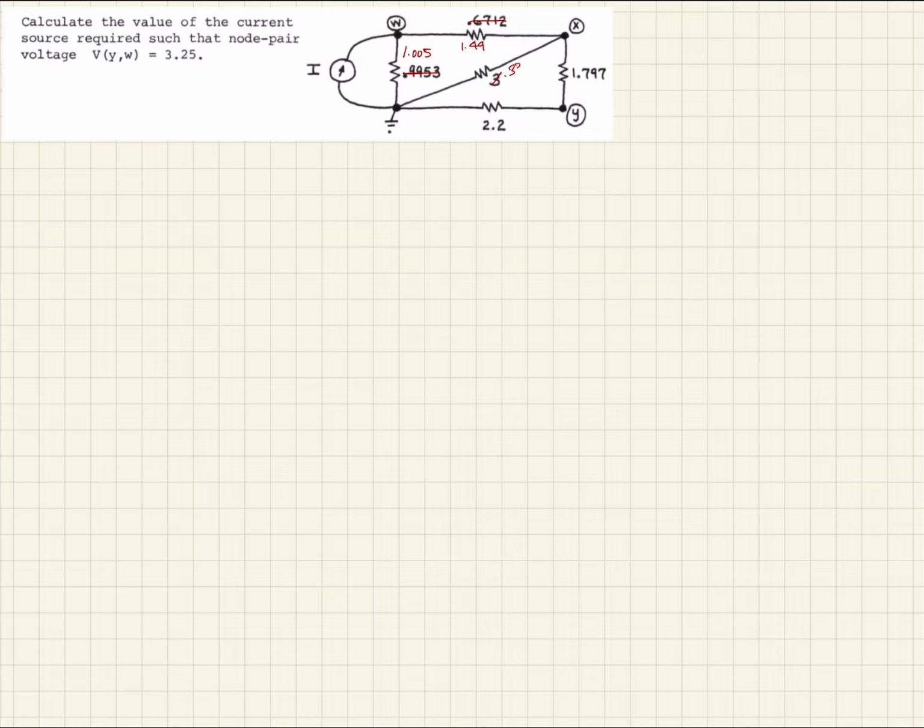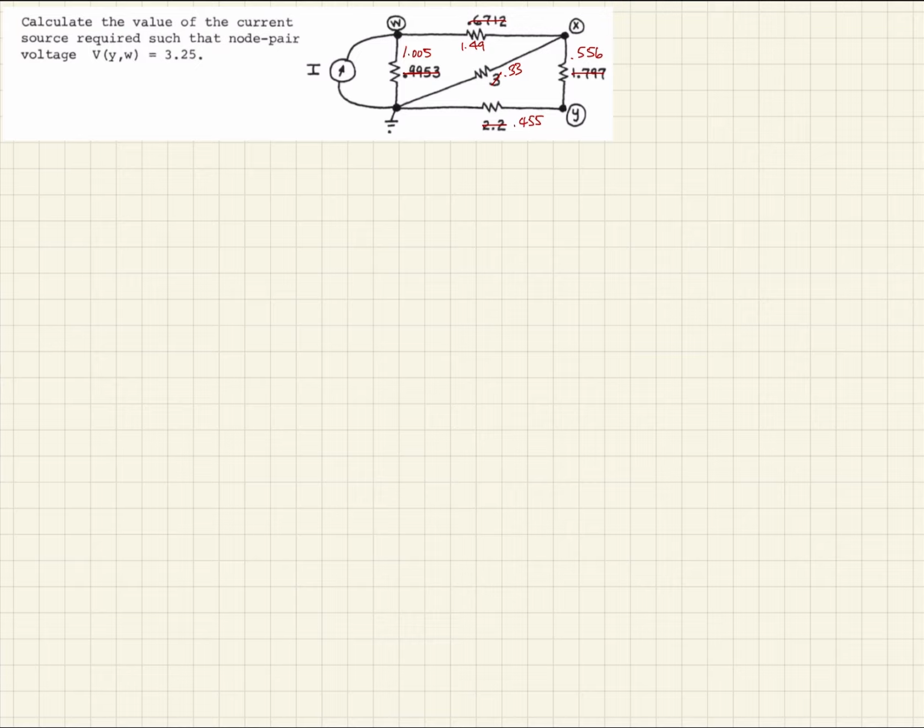That's just going to be 0.33. 1.797 is going to be 0.556. And then 2.2 is going to be 0.455. Again, that's just taking the reciprocal of each of those numbers, so just 1 over, and that's where we come up with that.